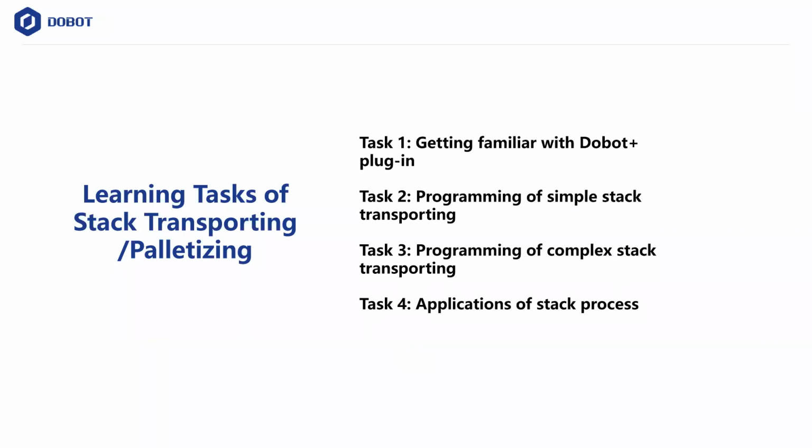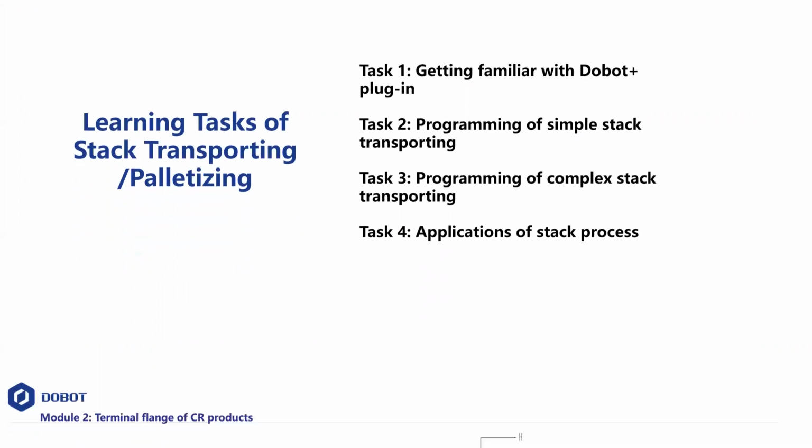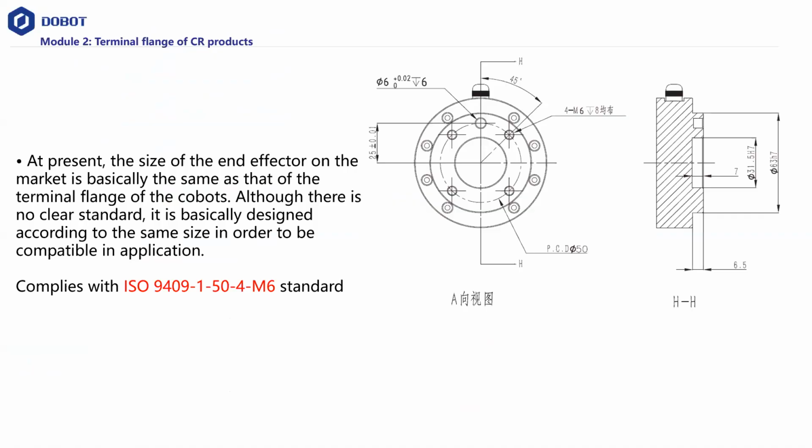Okay, let's talk about the learning tasks of the stack transportation palletizing. Well, for this one, let me talk a little bit about the size of an end effector. If anyone wants to design your own tool, you need this 2D drawing.